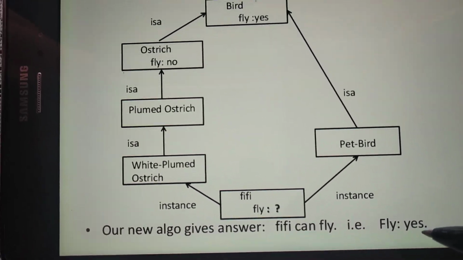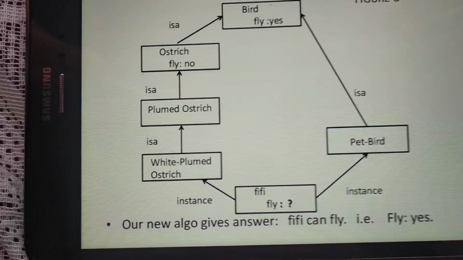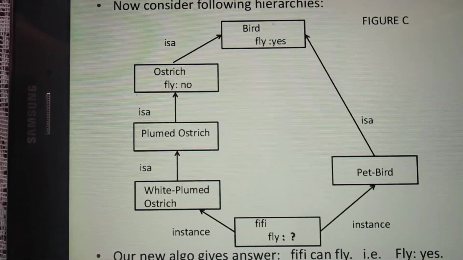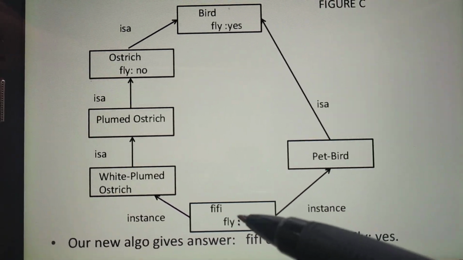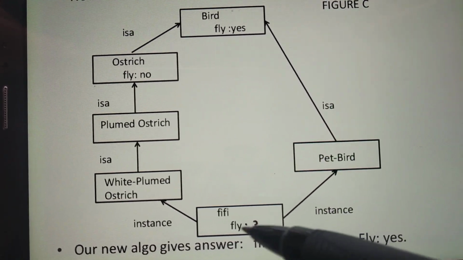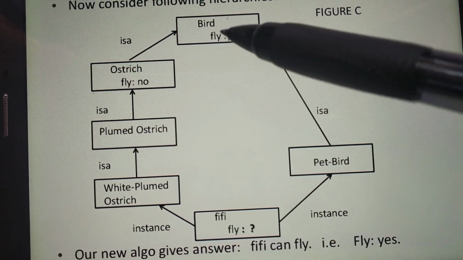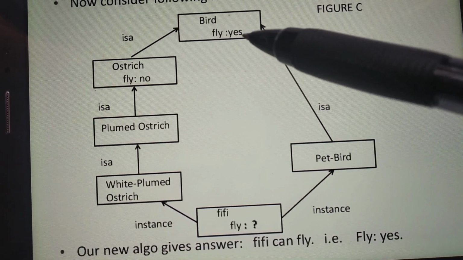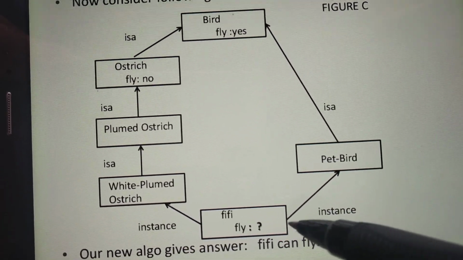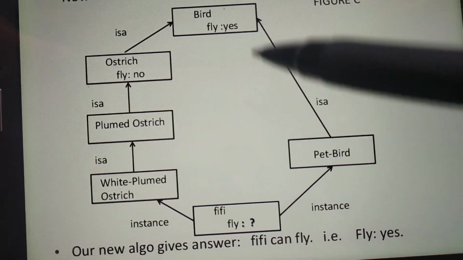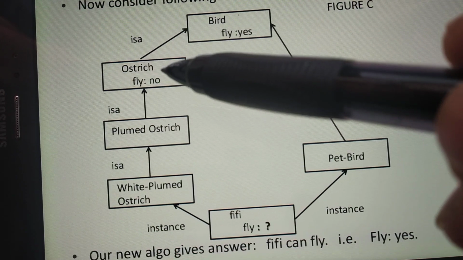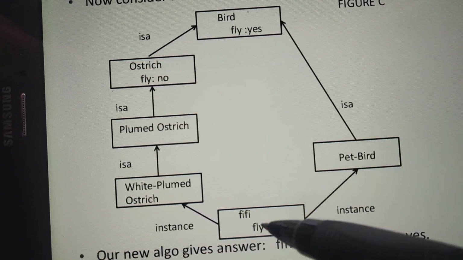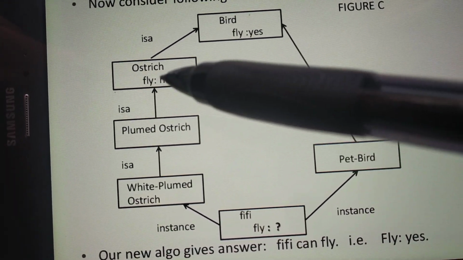Now let us forget about the algorithm and analyze this figure with respect to the path length. Starting from here, to reach the bird node with the value of fly equal to yes, it takes a path length of 1 and 2. Whereas from this node, to reach the ostrich node with fly equal to no, it takes a path length of 1, 2 and 3.